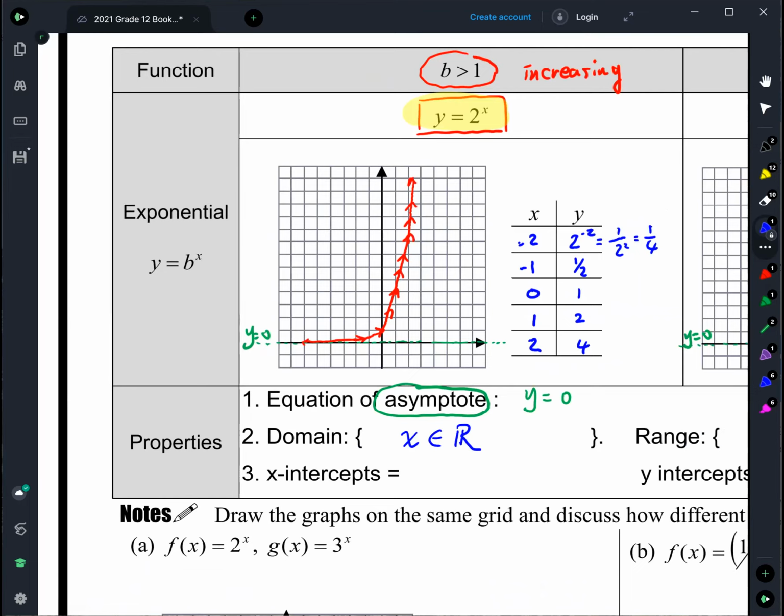Let me circle it. Oh wait, no, sorry. 0, 1 is here. That's the y-axis, right? Where does it hit the x-axis? Wouldn't it be like here?